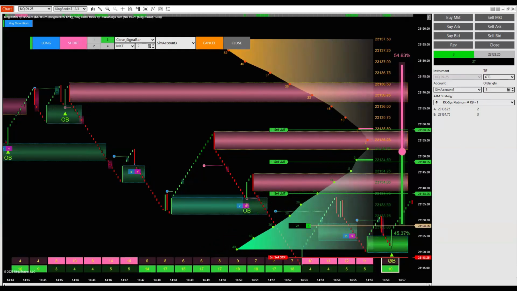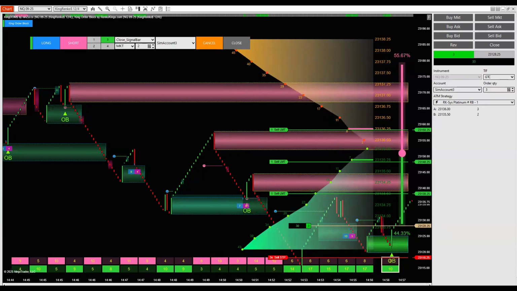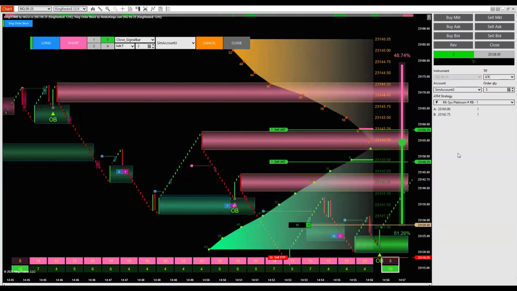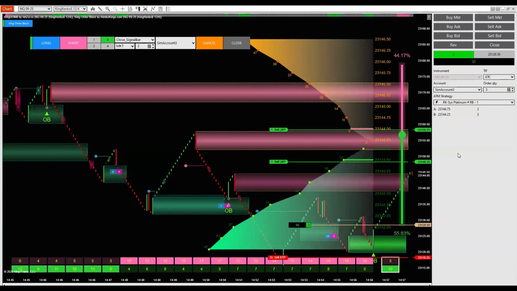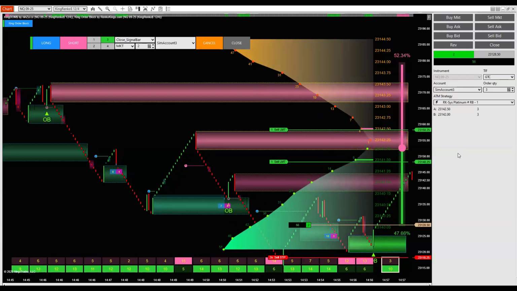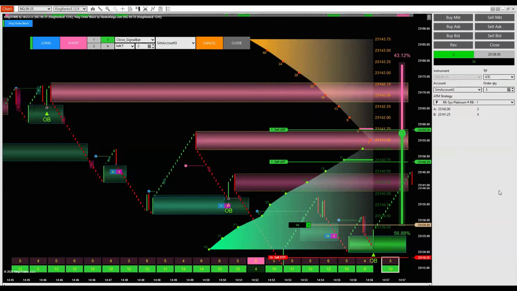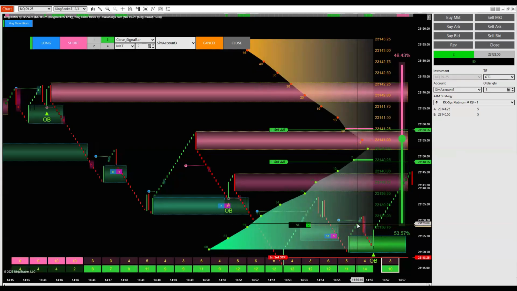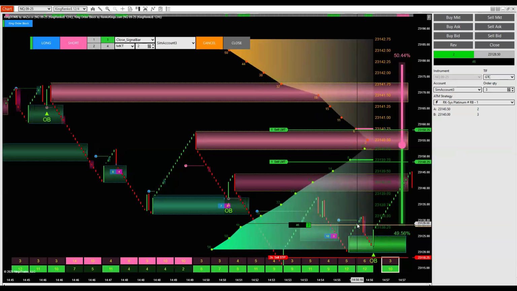Okay, so we are now in the trade. Target filled. Filled one target. They made pretty much an equal low for the session. Again, weakness below 171.